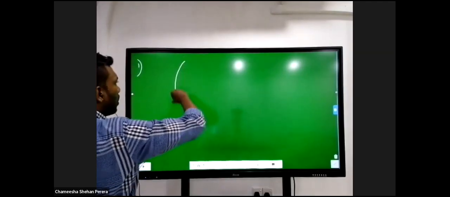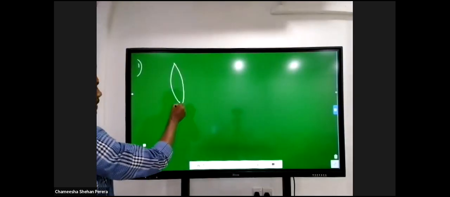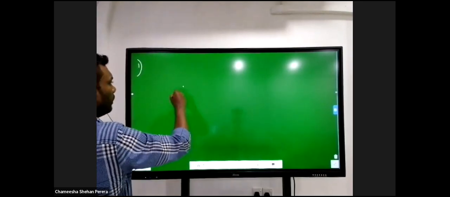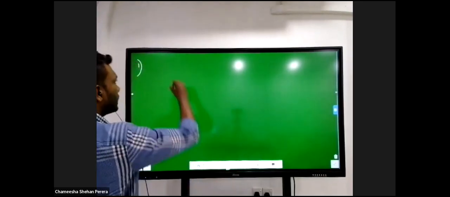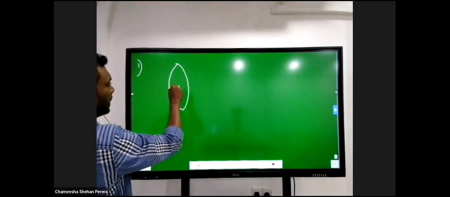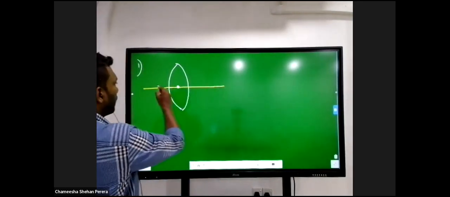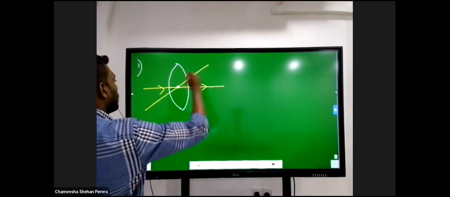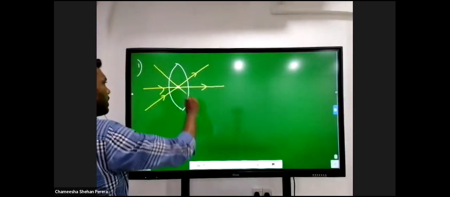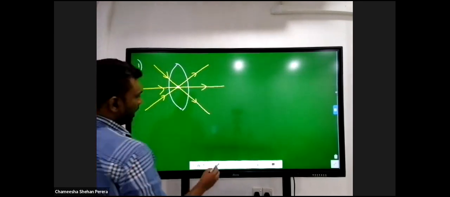So you have the convex lens like this, and then you have the optical center like this, and light rays travel through the optical center. They go like this, no refraction. They go like this, no refraction. Light rays traveling through the optical center, no refraction takes place, right? So you can quickly draw this. For number 1, I'll just give you time.